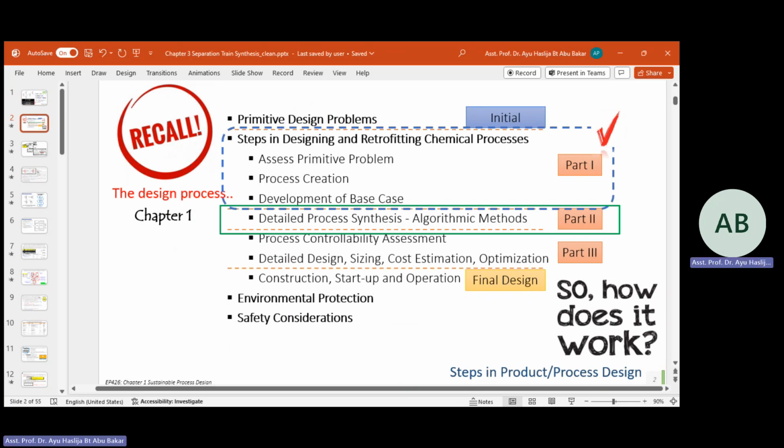Now, just to recall, we had done the previous chapter, the initial part and part 1. Now we go for the detailed process synthesis, which involves the separation part.